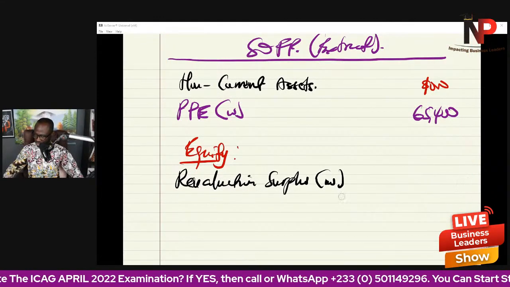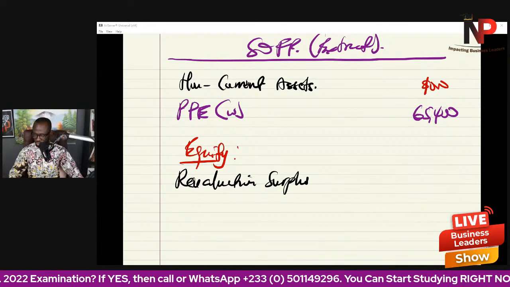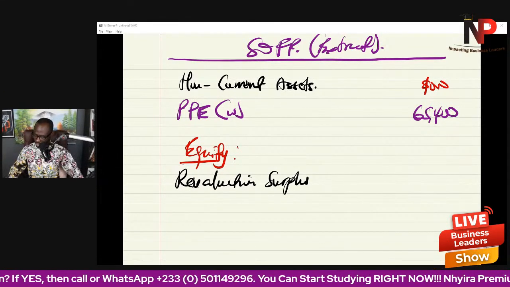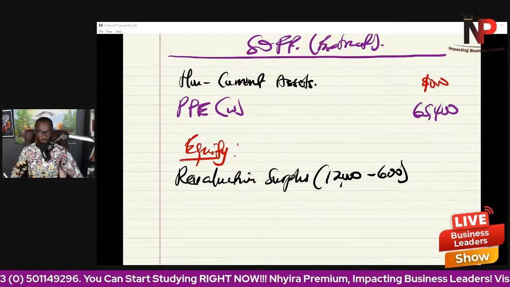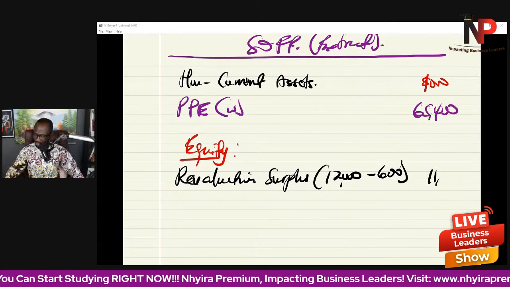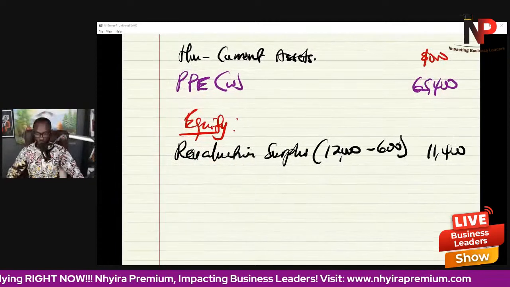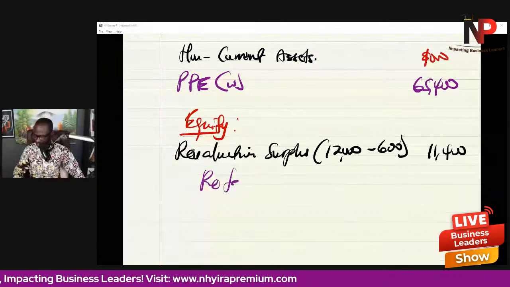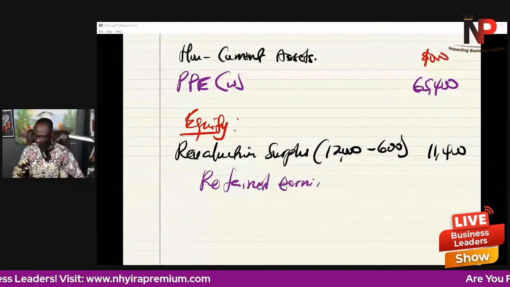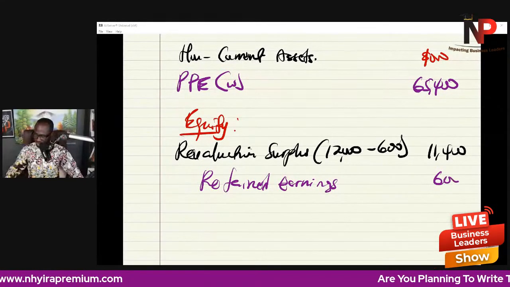So the revaluation surplus figure is going to be 12,000 minus the 600, which is the transfer we are making. So we have 11,400. Then we're going to have the retained earnings coming in, which is the 600.